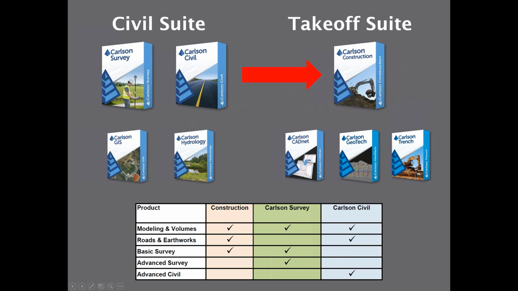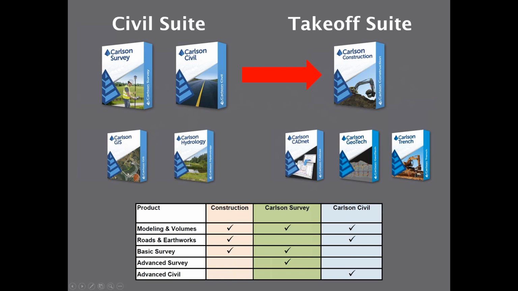Is that all you need? Takeoff Suite is modular. If you wanted, you could add construction to your Civil Suite, but you're duplicating. For the most part, if you're buying from scratch, the only other piece you're really going to need is CADNet. What CADNet lets you do is get paper plans or electronic copies of plans, so PDF files or images of your sheets, into CAD.